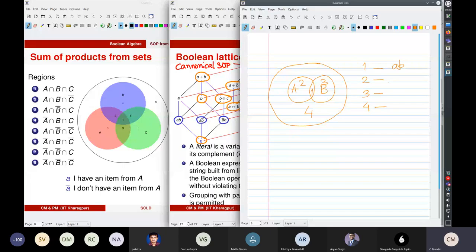For 2, A B bar. Yeah, that's right. For 3, A bar B. And for this one, A bar B bar. So now you understand this. It's a simple exercise, but also an instructive one.